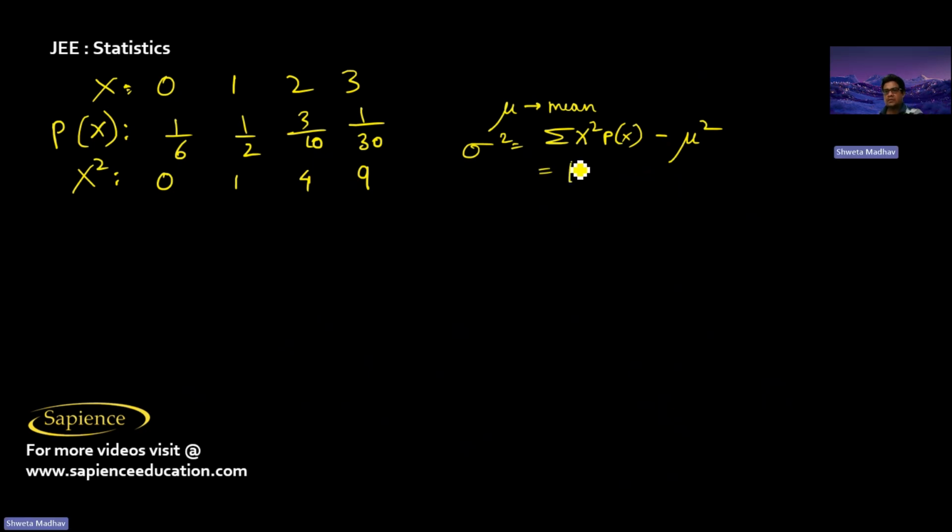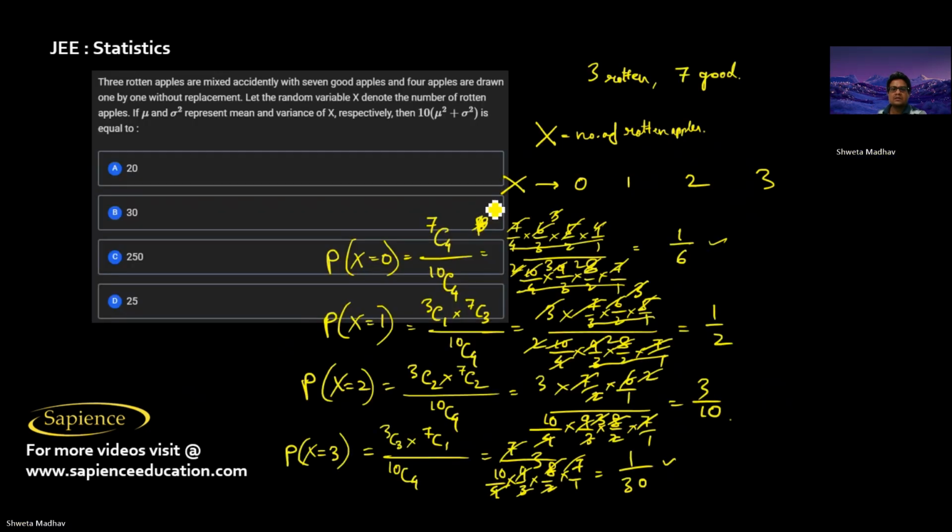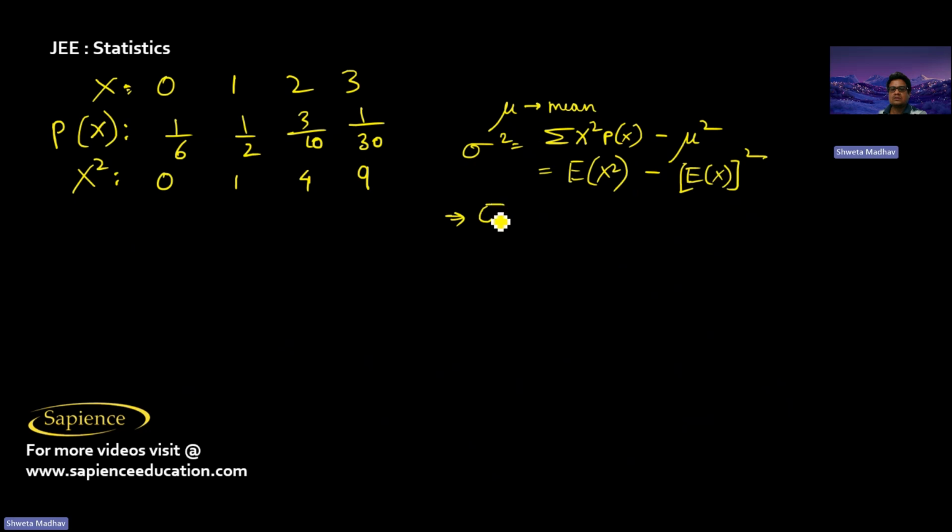Simply it means it is the expectation value of x square minus expectation value of x whole square. So this is mu square. Therefore, sigma square plus mu square will be equal to the expectation value of x square, which is equal to the summation of xi square into p of xi.